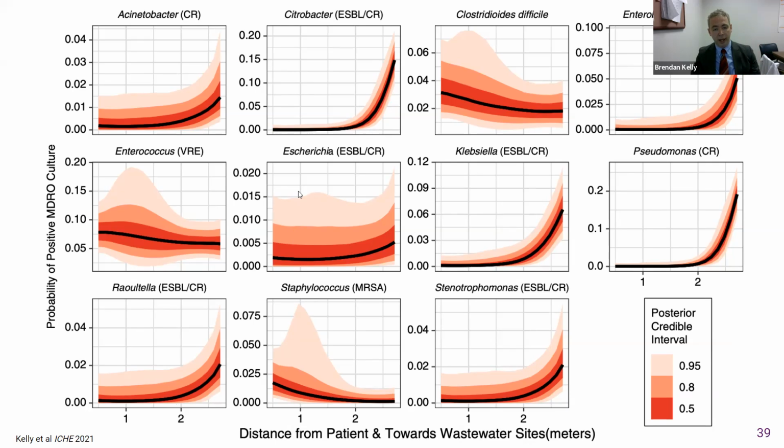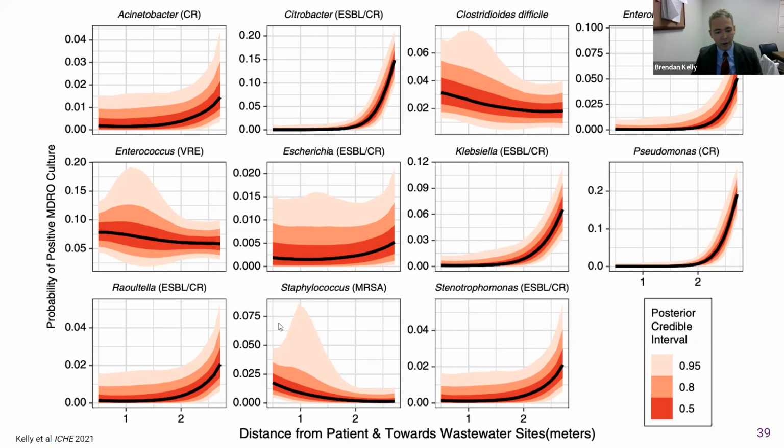And what was striking is that for a bunch of the multidrug resistant gram-negatives, we found very low risk near the patient, but as you got near the bathroom wastewater sites, the likelihood of finding these MDROs increased dramatically. This is not new news. Bathrooms and wastewater sites harboring MDROs, particularly gram-negative MDROs, has been reported before.